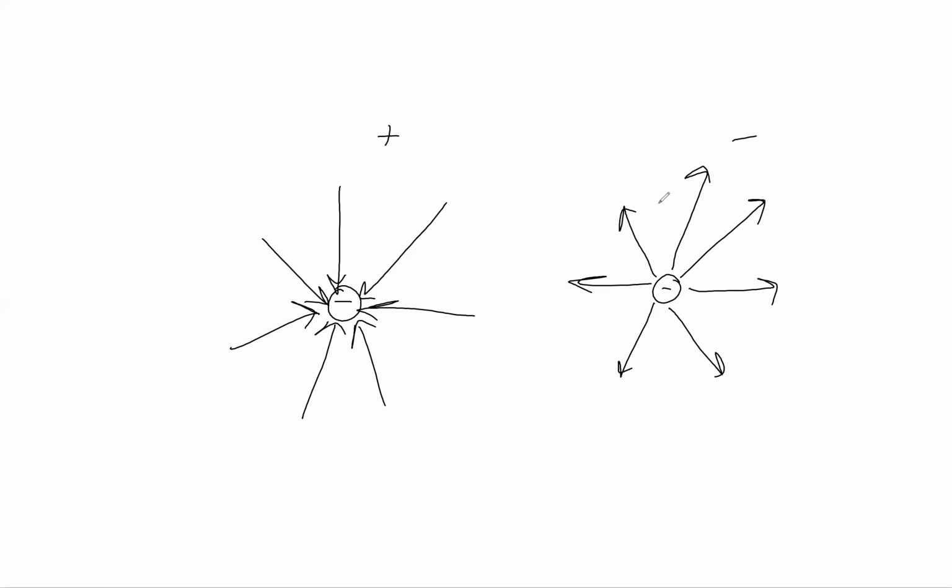Because if we're talking about a positive somewhere out here, then it's going to be going in this direction, right? But if we're talking about some negative out here, well, now the field lines go in the opposite direction because we're talking about a repulsive force. Okay, so gravitational field lines and electric field lines look the same, but you just got to make sure you pay attention to the direction based on what is outside or interacting with that electric field.